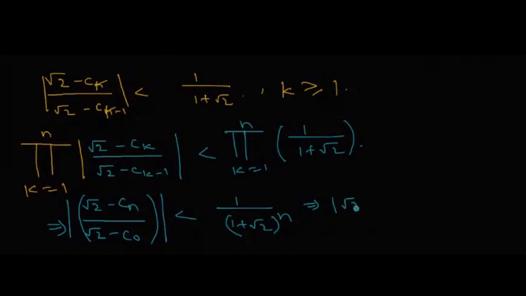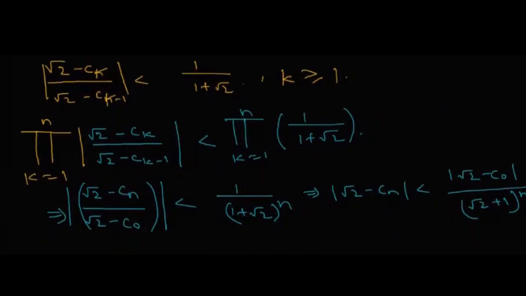Mod of root 2 minus cn will be mod of root 2 minus c naught divided by root 2 plus 1 whole to the power n, right?